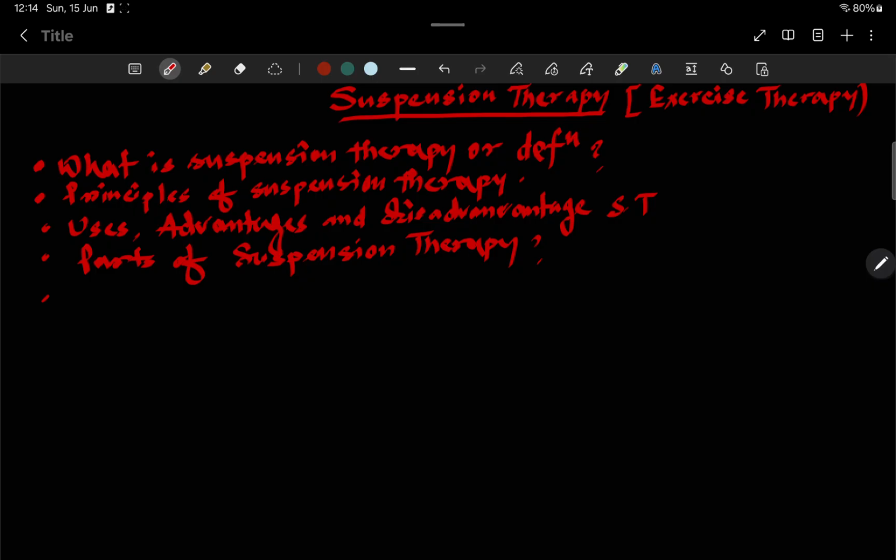Next we'll go to the types of suspension therapy.